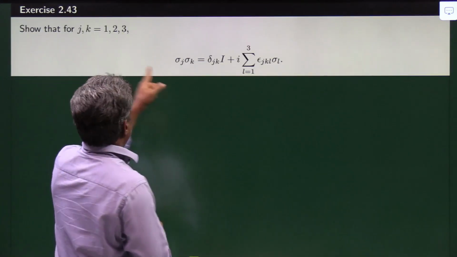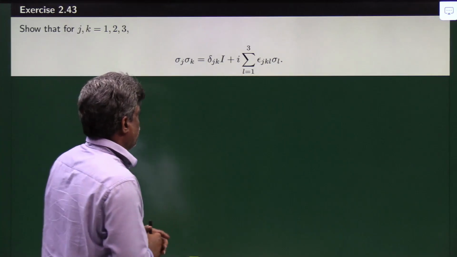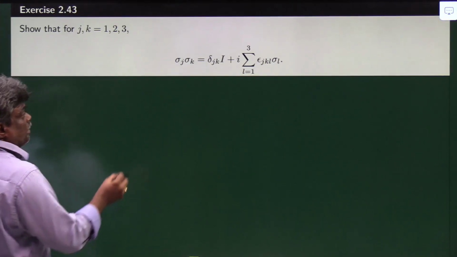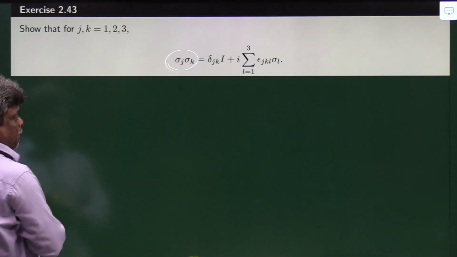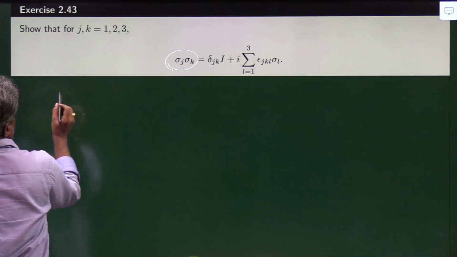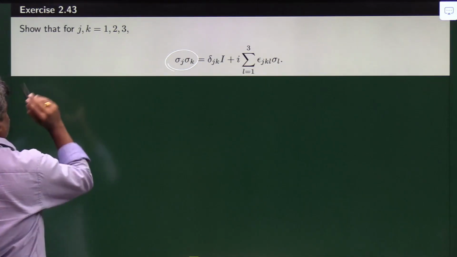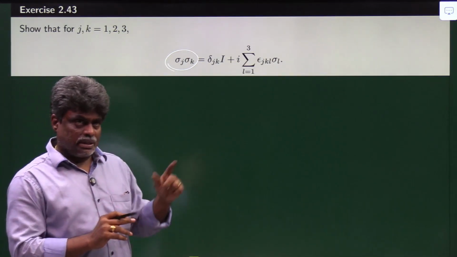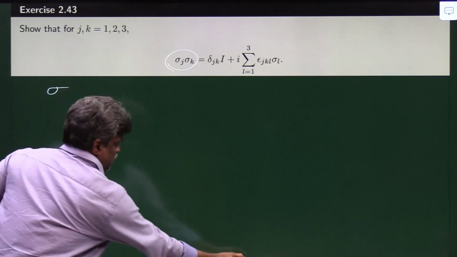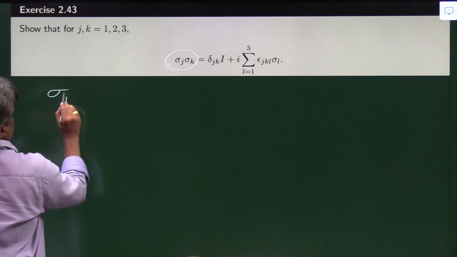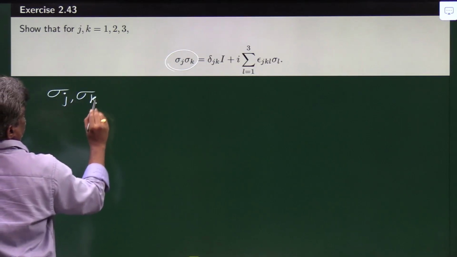They are asking to show this product. Here we have the Pauli spin matrices sigma j, sigma k. One thing we have already seen in the 2.40 problem in an earlier video: the commutator of sigma j and sigma k.